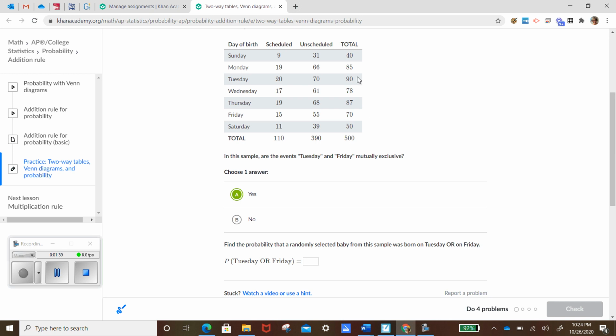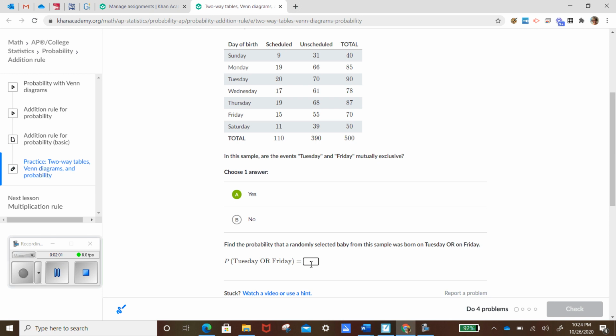So we have 90 plus 70 is 160 out of 500. So that's 16 out of 50, which reduces to 8 out of 25. I don't know if it's okay with me giving it a fraction, if it prefers a decimal. 8 out of 25 shouldn't be too hard to find the decimal though.